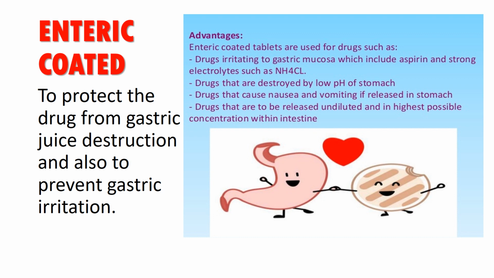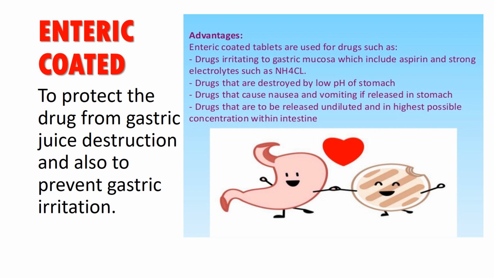Advantages of an enteric coated tablet include drugs irritating to the gastric mucosa, which includes aspirin and strong electrolytes, which will not irritate. Okay, drugs that are destroyed by low pH of the stomach. Because of the pH, some drugs will get destroyed, so for protection, it prevents destruction.